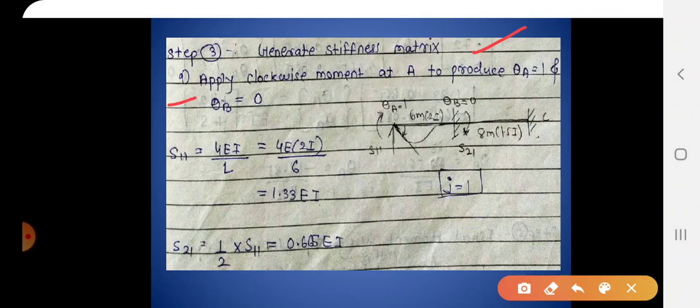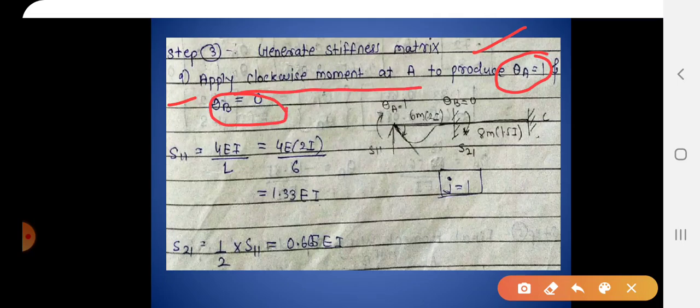In that part A, what is our first redundant? Theta A. So theta A should be equal to 1. For that purpose we have to apply a clockwise moment at A to produce theta A equal to 1, and of course other displacements should be 0, that is theta B and theta C should be equal to 0.